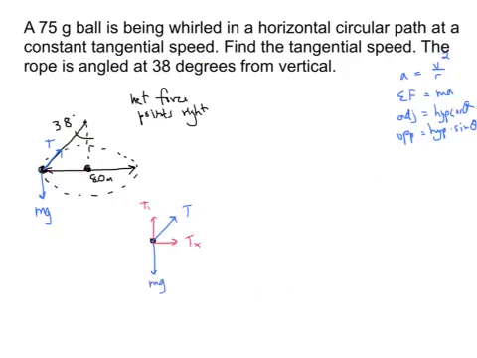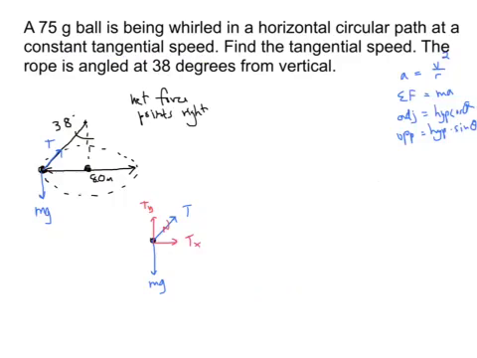Tx and Ty. The only way we get a rightward net force is if the y component balances gravity. If the y component of tension did not balance gravity, then the net force would not be exclusively to the right, it would also have a y part, and that's not the case here. The net force definitely points toward the middle of the circle.